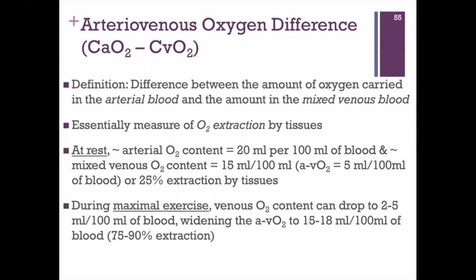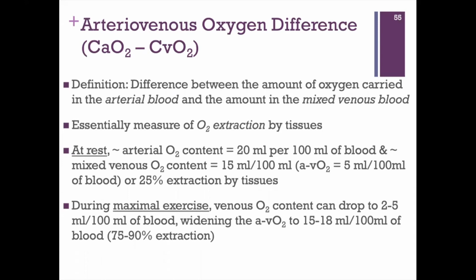At rest, our arterial content of blood is around 20 milliliters per 100 milliliters of blood. That's in the arteries. In the mixed venous blood, the O2 content is around 15 milliliters per 100 milliliters of blood.